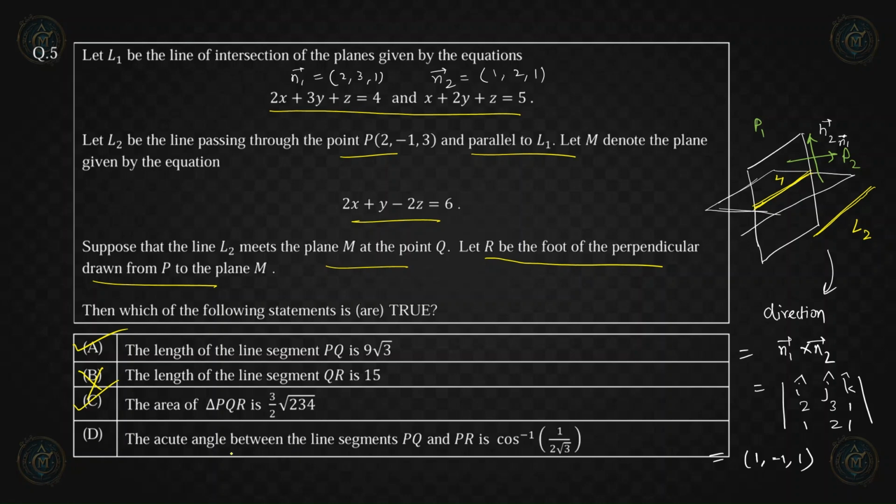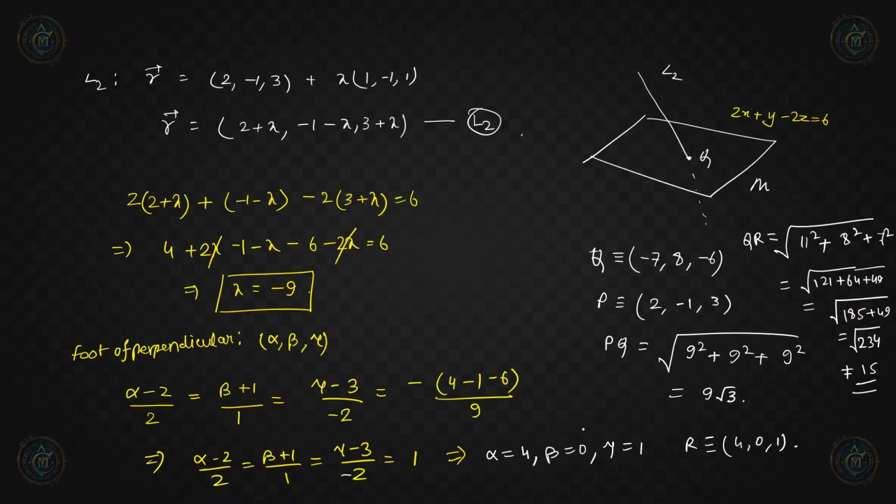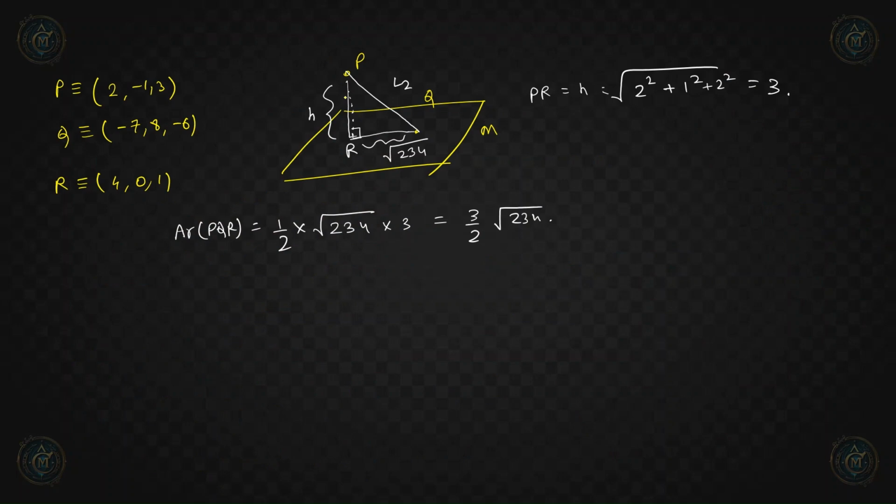Now let's check option D. The acute angle between the line segments PQ and PR is cos inverse 1 by 2 root 3. So this angle we have to calculate, this theta. Cos theta will be PR upon PQ.